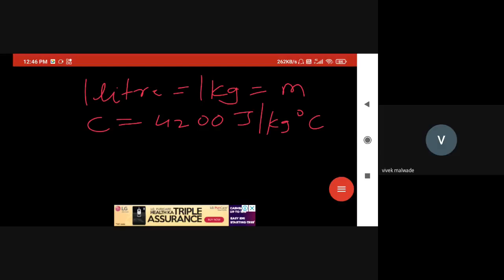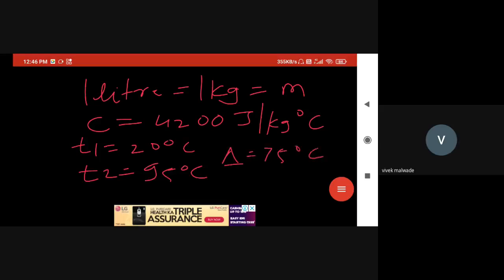Our initial temperature of water T1 is 20 degrees Celsius, the final temperature is 95 degrees Celsius, so the change in temperature is 75 degrees Celsius.